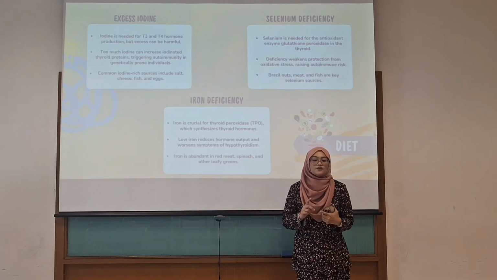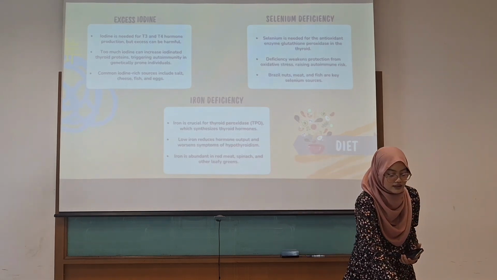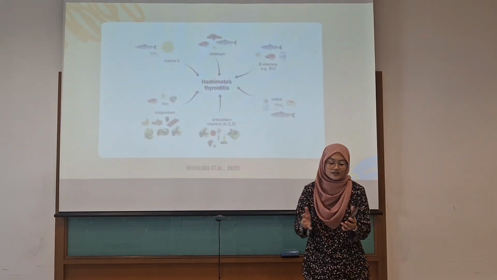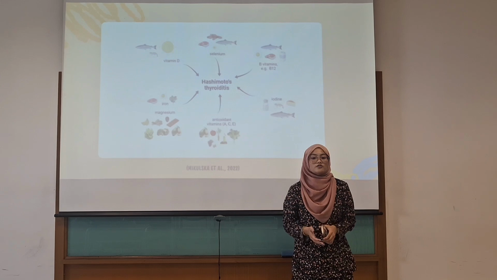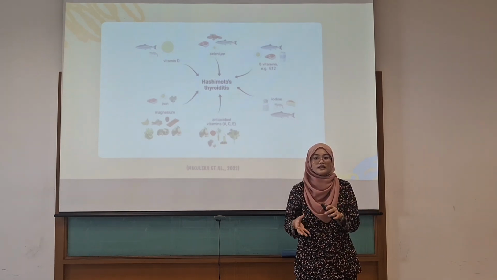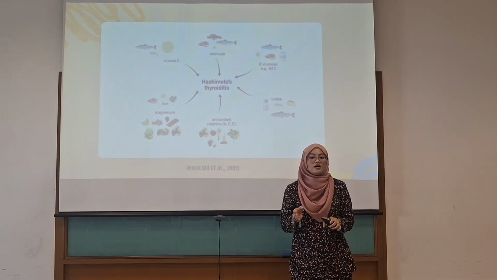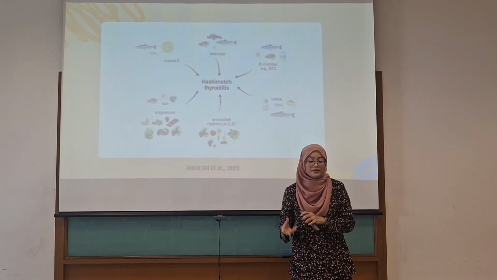Iron is abundant in red meat, spinach, and also veggies. These are the sources that I mentioned before. So in conclusion, nutritional sources need to be taken in balance, because too much of it and too little of it can be harmful.